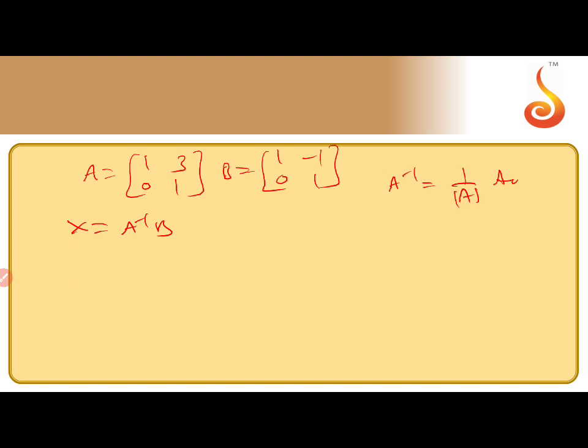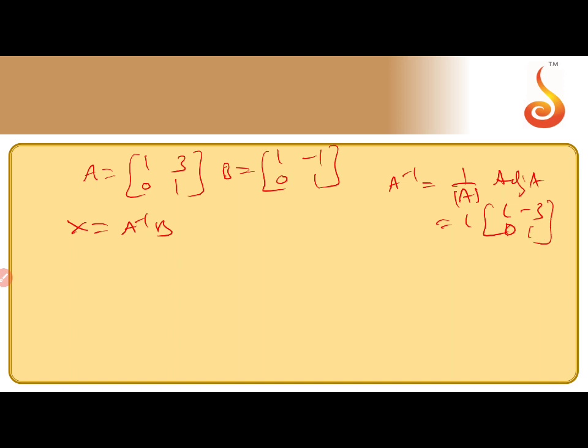What is A? 1, 3, 0, 1, and B is 1 minus 1, 0, 1. You got X equal to A inverse into B. The value of A inverse is 1 by det A into adjoint A. So that means you will get 1 into 1 minus 3, 0, 1.